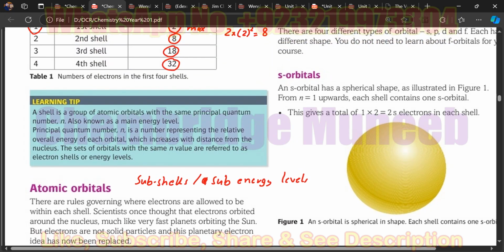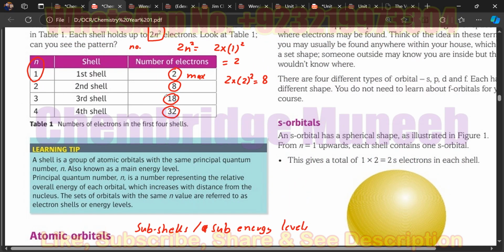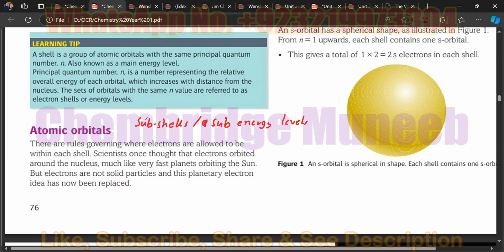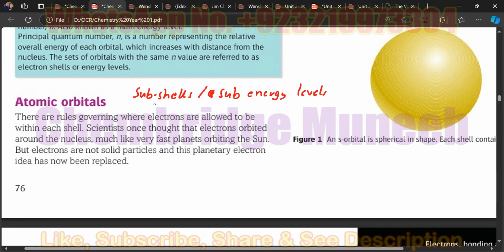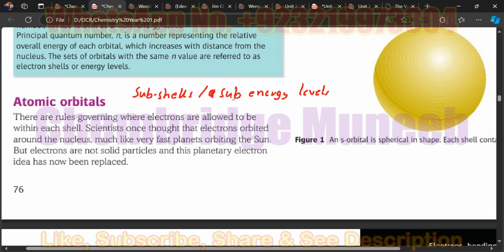These are the smaller regions within the shells which contain the electrons. Basically the shells are further categorized into smaller regions where the electrons are held. These are called subshells or sub-energy levels. Is that clear?